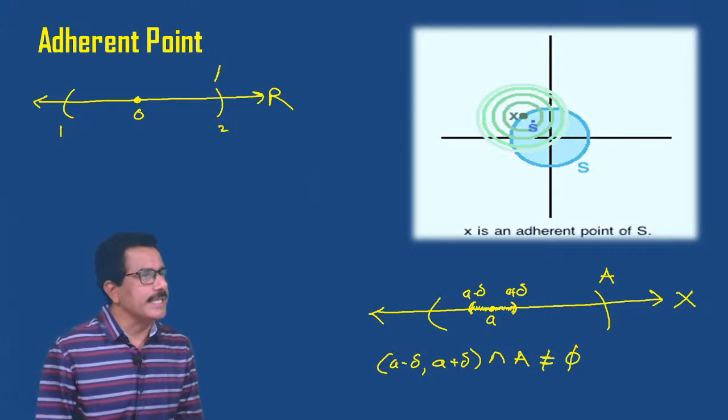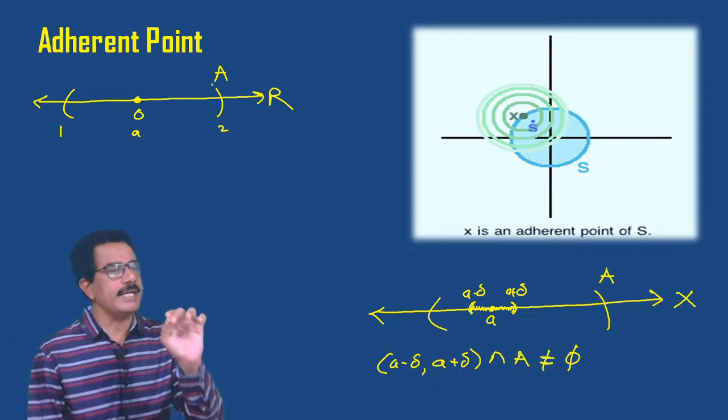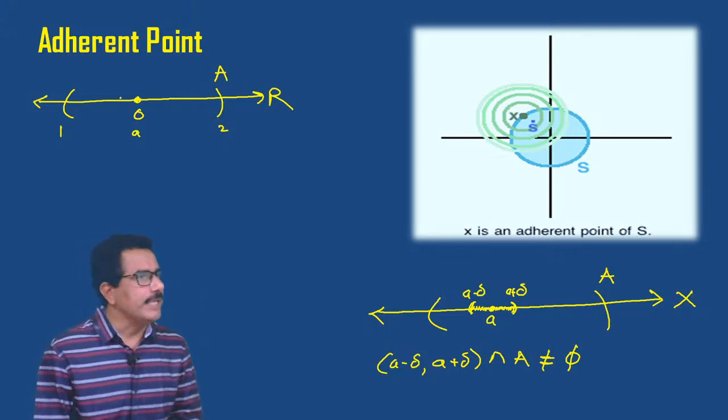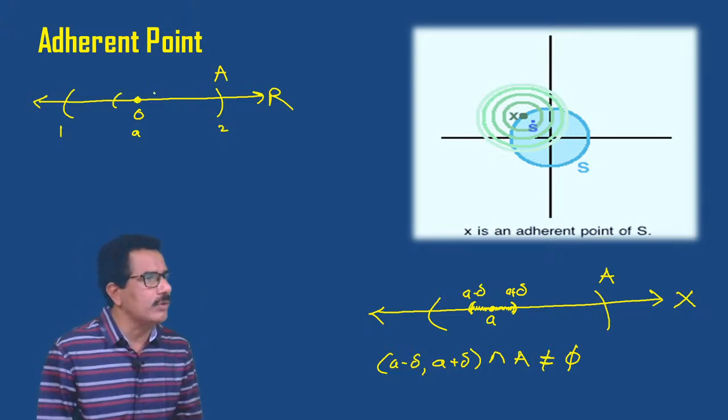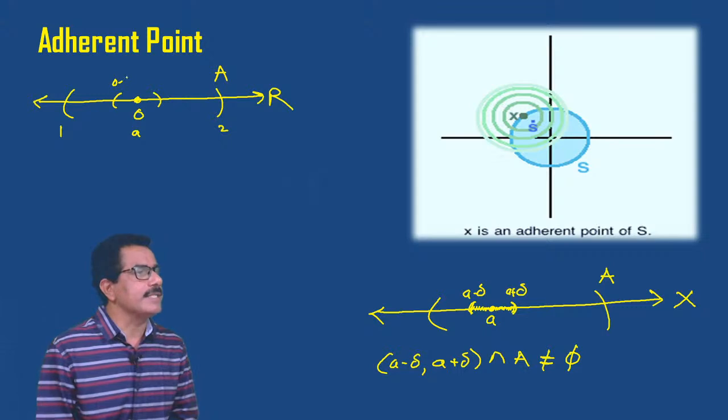Now this set is considered as A. Now this point a is said to be an adherent point of capital A if there exists a neighborhood. If we consider the neighborhood as 0 minus delta, 0 plus delta, means this is delta, delta.